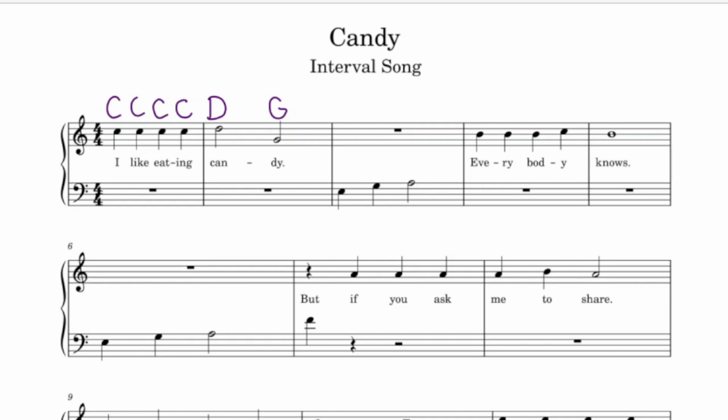Now that we know a little bit about our intervals, let's continue to name the right-hand notes. Then the left hand.